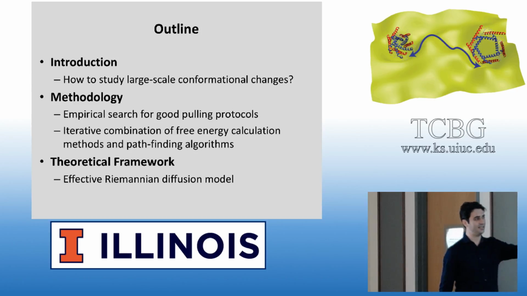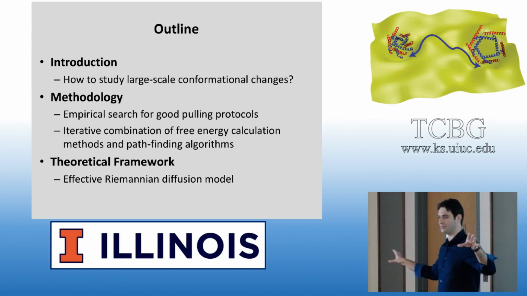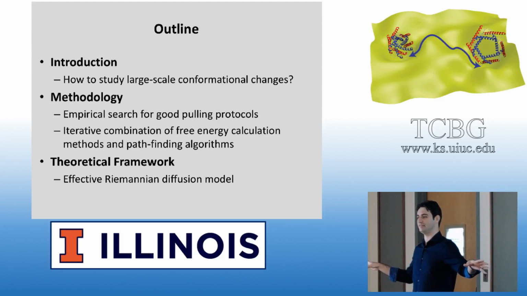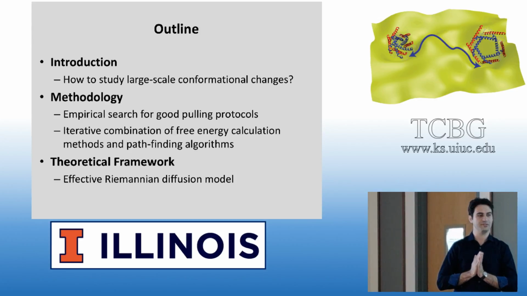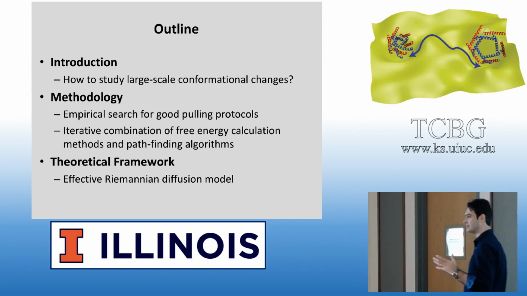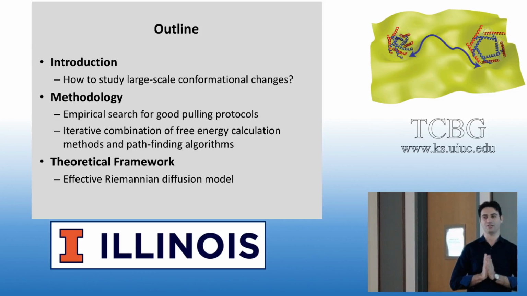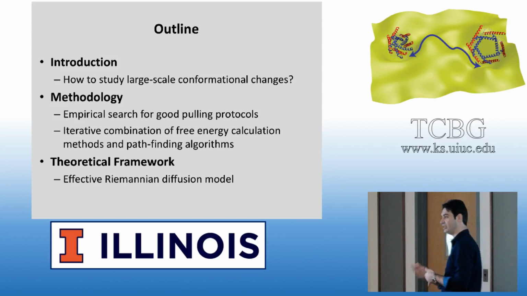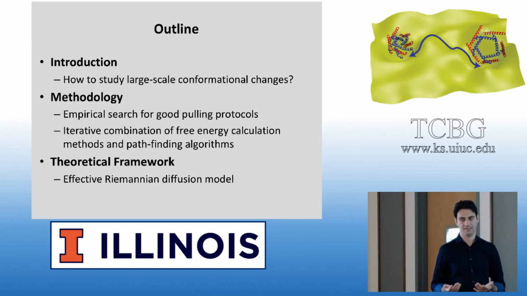The second idea is about the combination of free energy calculation methods and the string method with swarms of trajectories or other pathfinding algorithms. So rather than doing free energy calculations in a generic way in a space of a collective variable, you can actually do free energy calculations along transition pathways that have been optimized using some transition path optimization method.